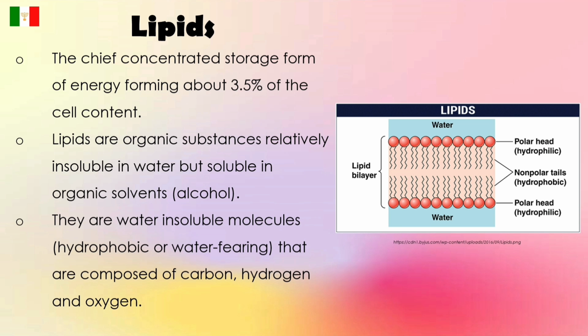Lipids are organic substances relatively insoluble in water, but soluble in organic solvents, such as alcohol. Oily and fatty foods tend to leave stains upon contact, right? This is why we can use brown paper to detect fats.